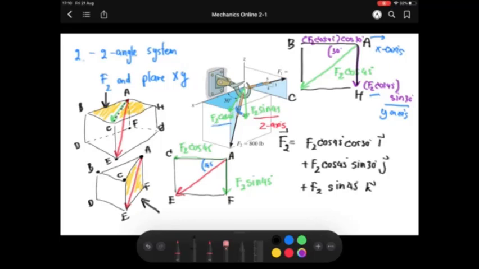Please don't forget to check that there is cos and sine of 45 and then cos and sine of 30, which is the other angle that was given.